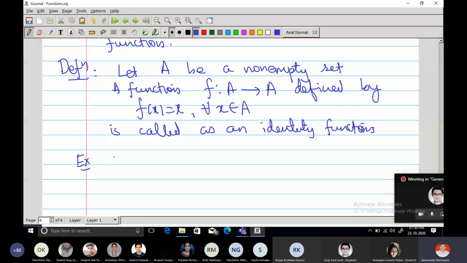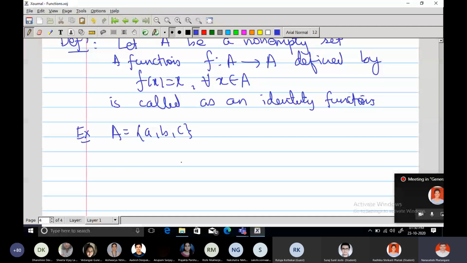Sir, if I take A, is the identity function a reflexive relation? What is a reflexive relation? Yes, you can say that. Very good. So if I define f from A to A, f of x is equal to x, then x goes to x.